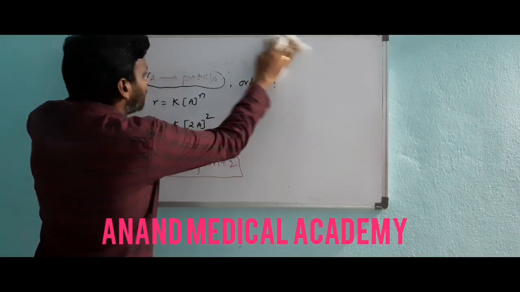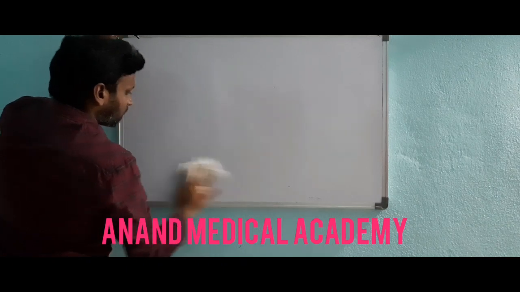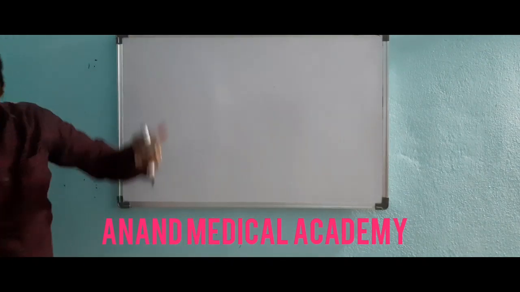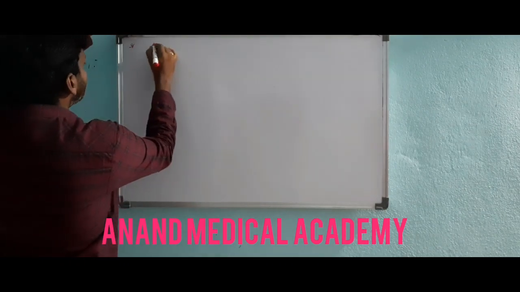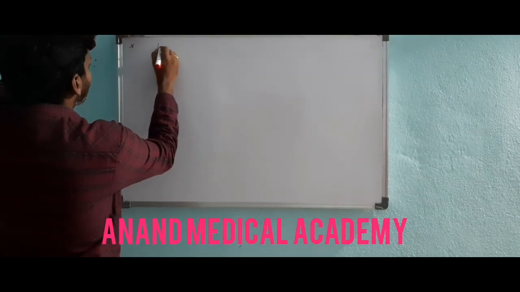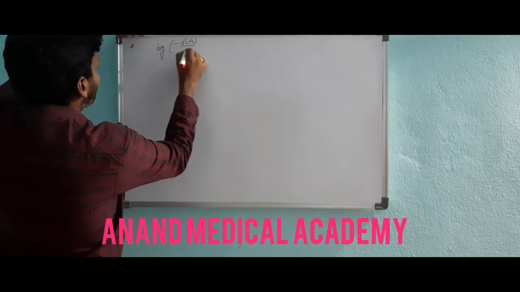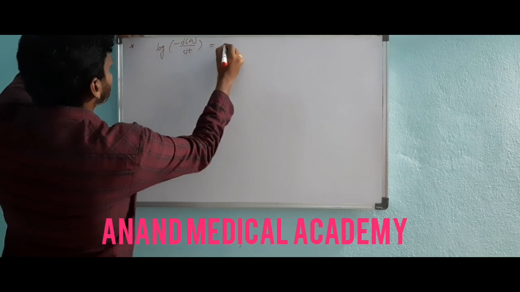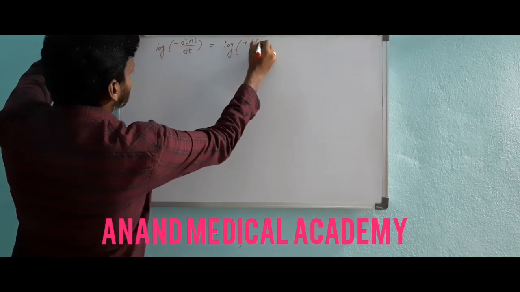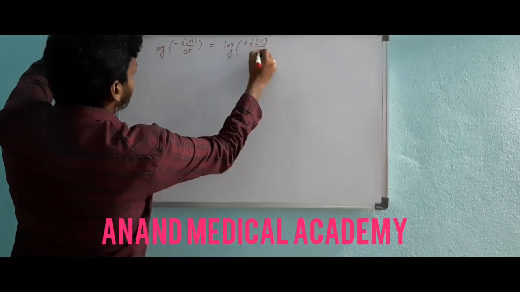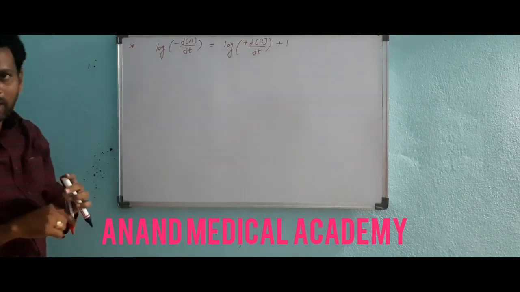So this is about some information regarding the concentration effect. In the same way, they can ask different numericals here. So what kind of numericals will they ask you? Let's see one by one. See here, they are giving, sir, like this: log(-d[A]/dt) = log(+d[B]/dt) + 1.